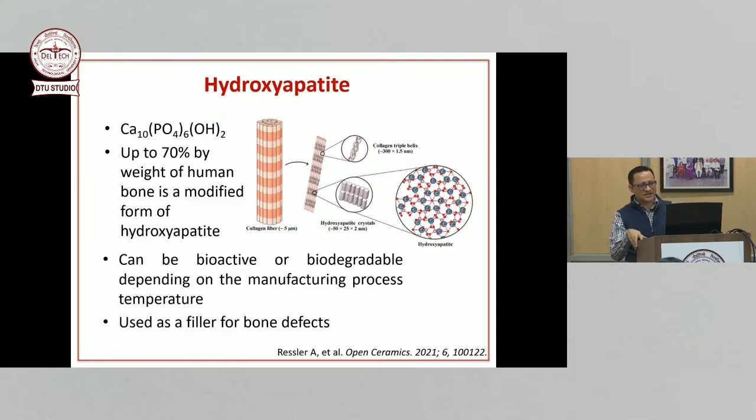Another example is hydroxyapatite. Up to 70% by weight of human bone is a modified form of hydroxyapatite. So it can be bioactive or biodegradable depending on the manufacturing process, and used as filler for bone defects.